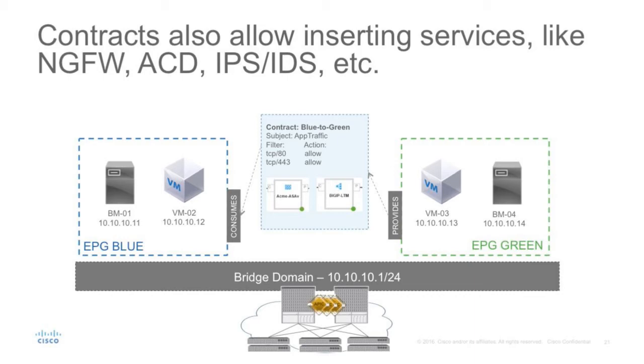And that will enable the fabric to redirect the traffic to the relevant appliances, which could be in this case an ASA appliance and a BIG-IP appliance. This could be physical or virtual appliances, and the APIC will perform the configuration on those devices to stitch them to the fabric and to provide the connectivity or the configuration required for the service that you've provisioned between those EPGs. This will be clearer in the demo.